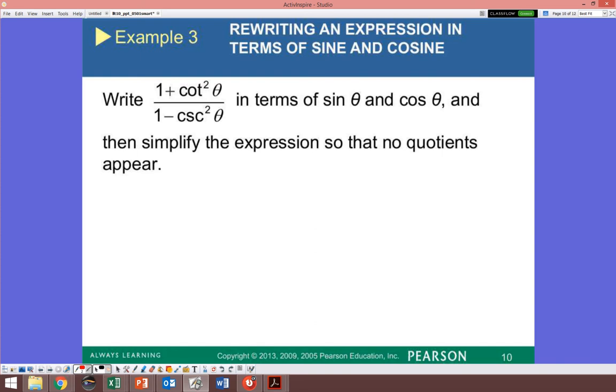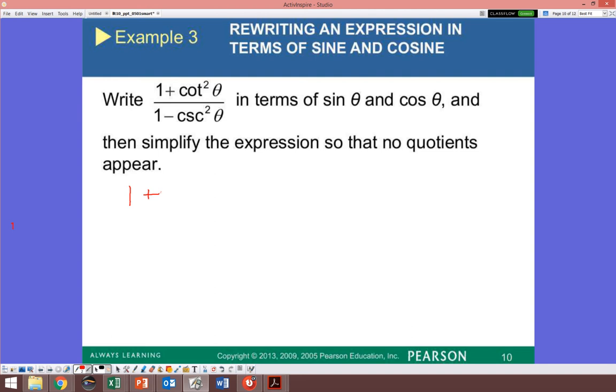and cosine. This is where the algebra comes into play. Now, in the upper right-hand corner of your unit circle, it has what each one represents, your x's and your y's. So I'm going to write this using pure algebra terms. So it's going to be 1 plus, now cotangent is what over what? X over y.